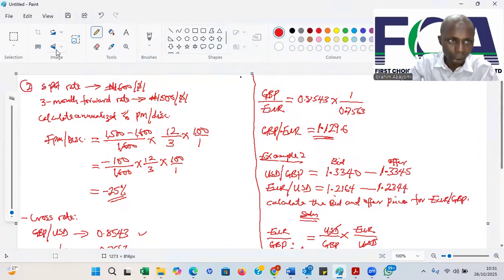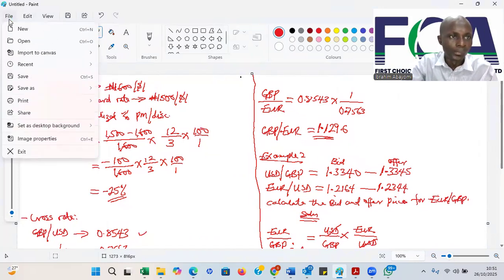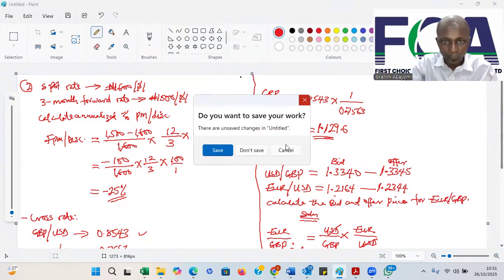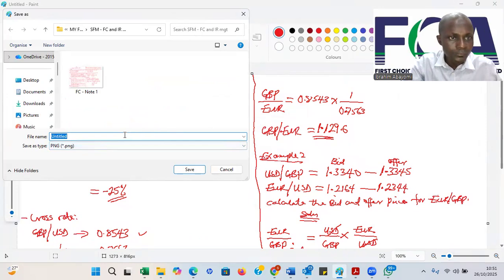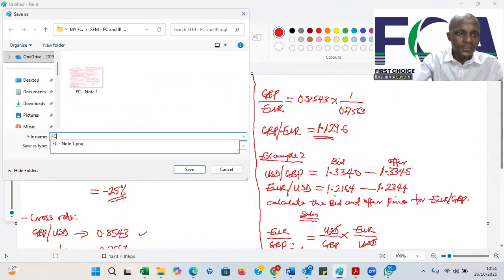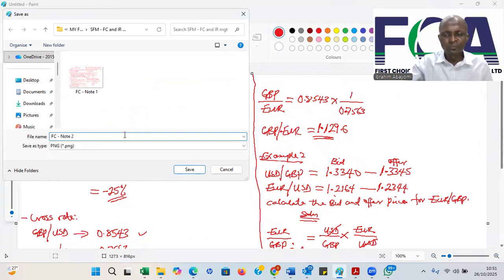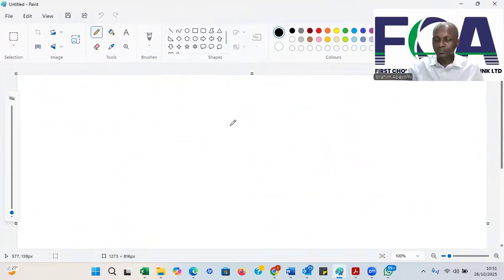Okay. FC note 1, note 2. Foreign currency note 2. So we have two notes.